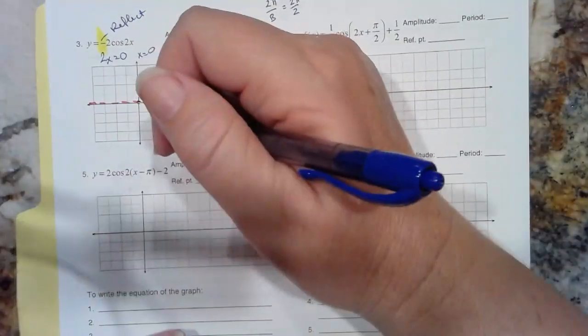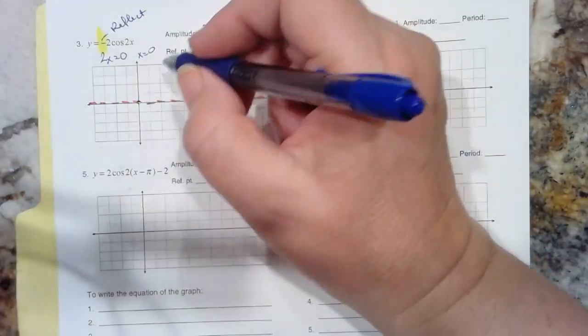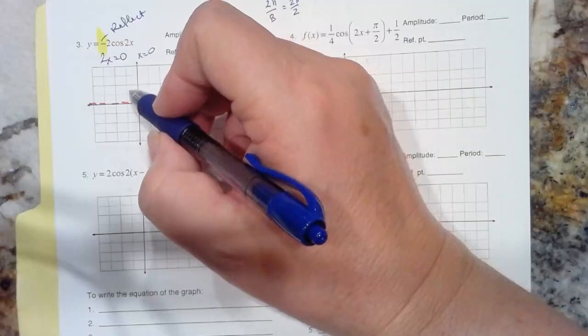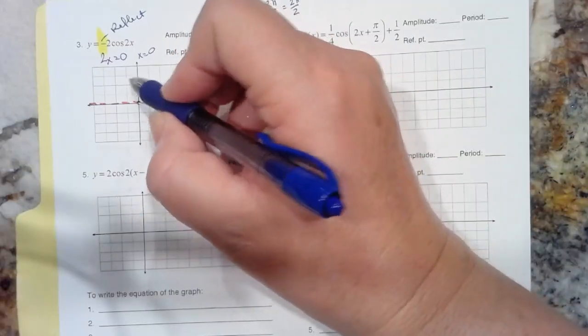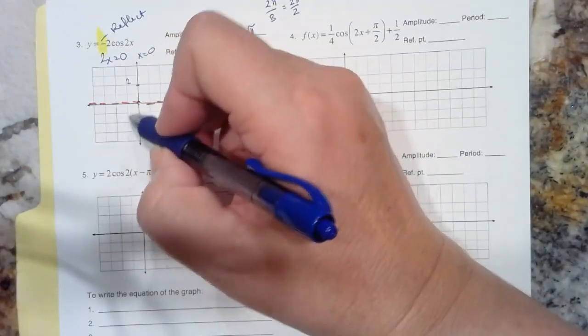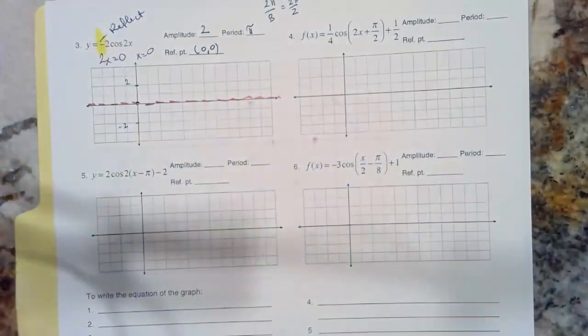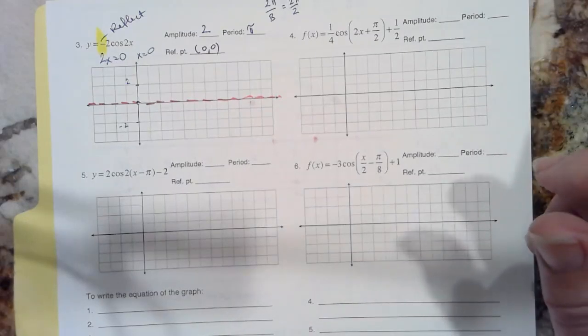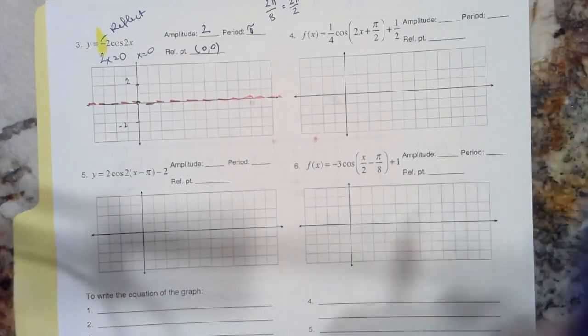And that means I'm going to reflect. So instead of up to, oh wait, I need to label this. So this is going to be 2, and this is going to be negative 2. So instead of going up, I'm going down.